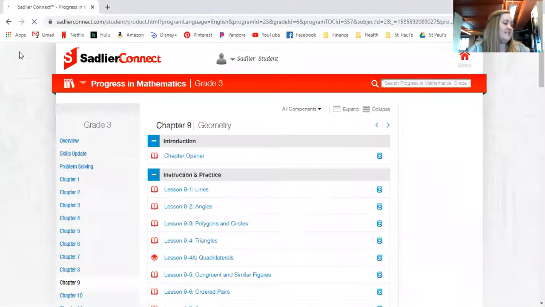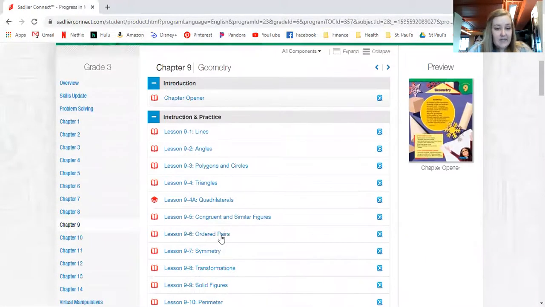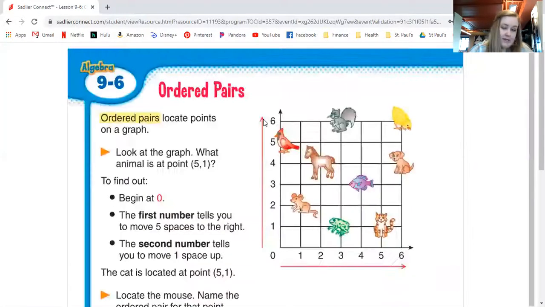Let's move on to the next page, page 314, where we talked about ordered pairs. If you remember, ordered pairs locate points on a graph. Remember we did that one worksheet where it had all these different cities and we had to locate them. So what you do here is, say I said, can you please find the cat?